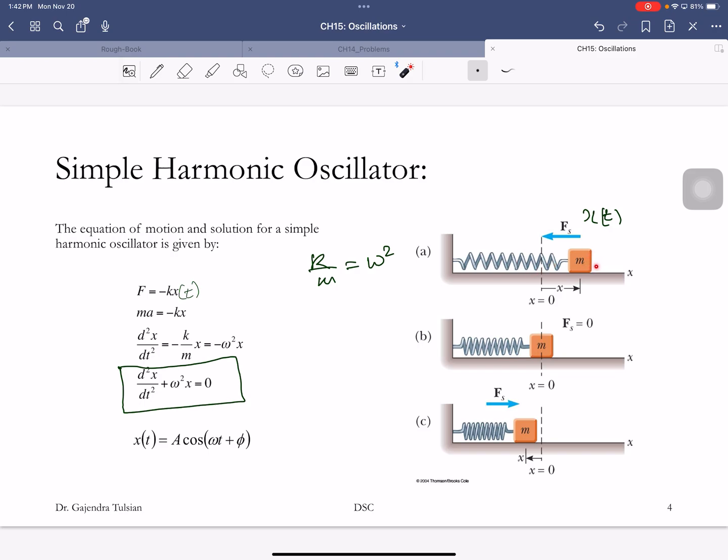I pull this guy over here and give it a little kick, it'll oscillate. It'll be a slightly different motion, but all these different motions are solutions of this differential equation. I can take this object, compress it there, and let it go, and it'll oscillate like that. All those different motions are the solutions to that differential equation.